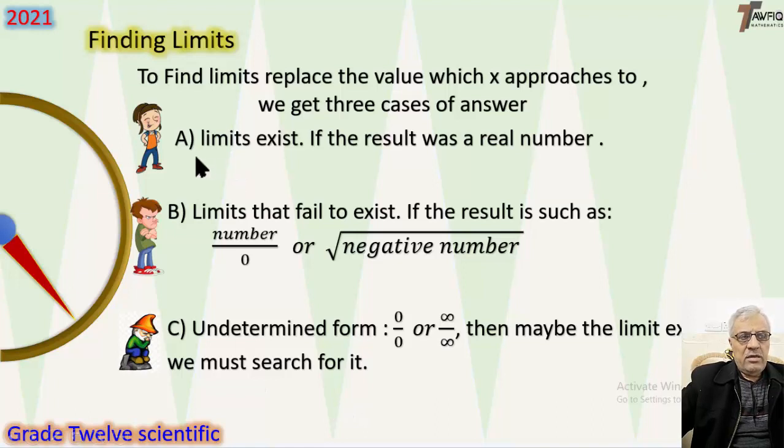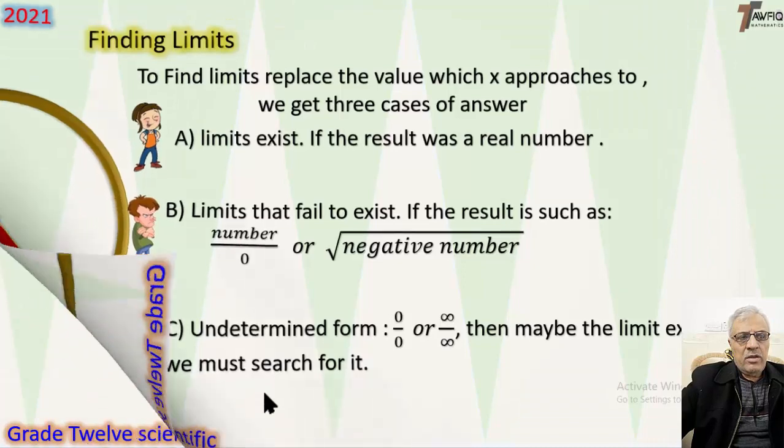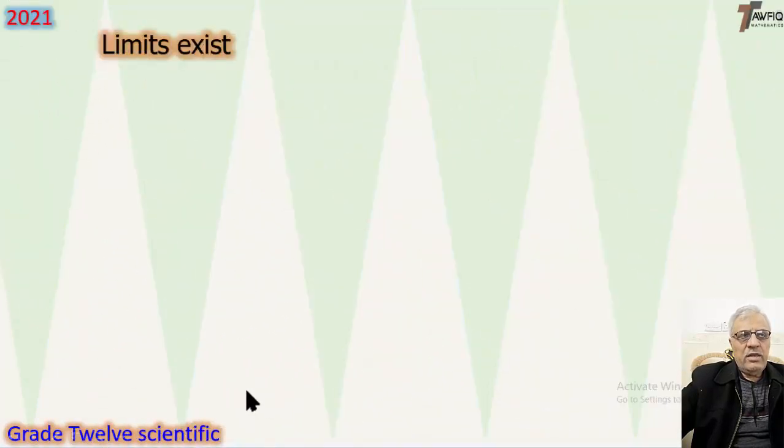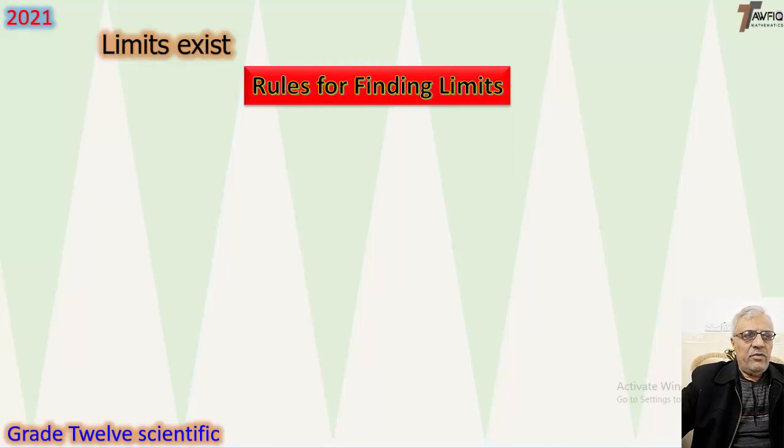Let us take the first case, limit exists. To find a limit when the limit exists, we must use some rules for finding limits. The first one, constant function rule.